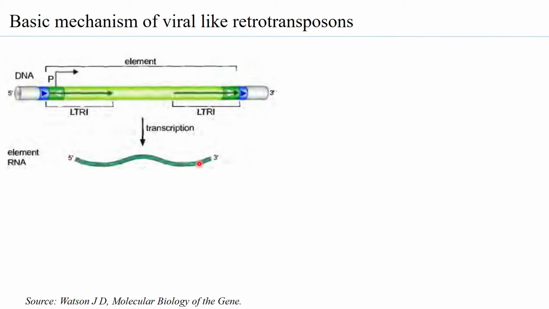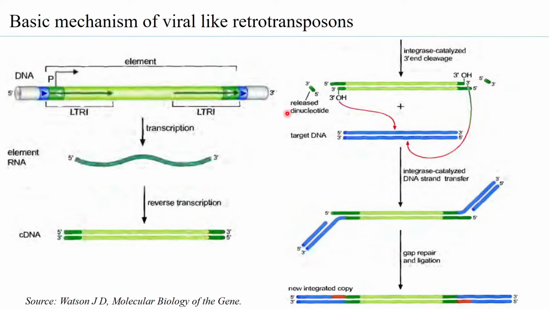Now, this element RNA is then reverse transcribed by the reverse transcriptase. So, the reverse transcriptase actually has dual activity of endonuclease as well as polymerase activity. So, it is able to use the RNA as a template and synthesize the complementary DNA. And this complementary DNA then is integrated within a target DNA.